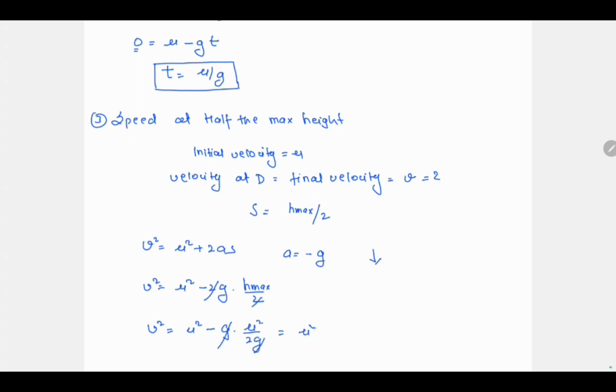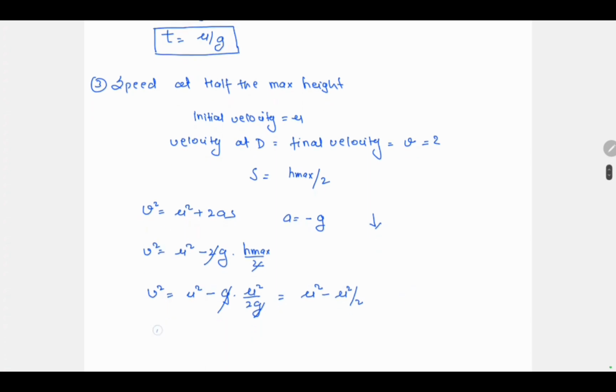It's going to be u square minus u square by 2, or you can say v square is going to be u square by 2, which gives v equal to u upon root 2. This is your final answer. Velocity at point D is going to be u divided by root 2.